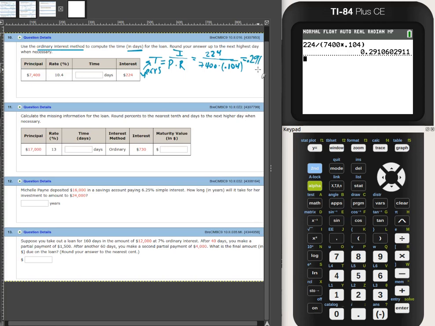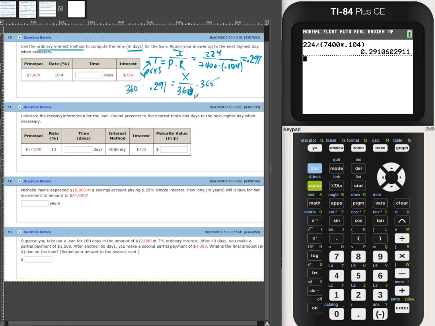And this is years. So we can set up a proportion where we say this many years, 0.291, is how many days, which I would just put X, out of, and it's the ordinary interest method, out of 360. So if we put that many days out of 360, it should give us this decimal, 0.291. We can multiply both sides times 360.